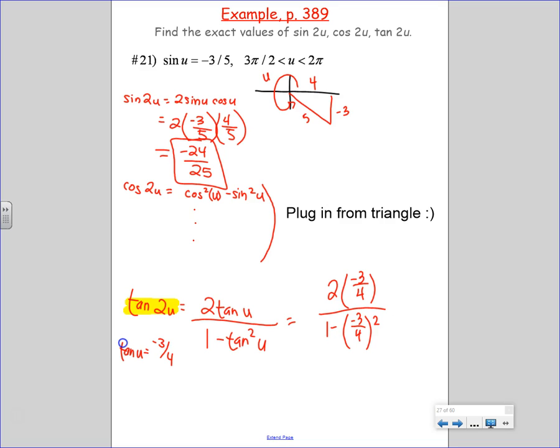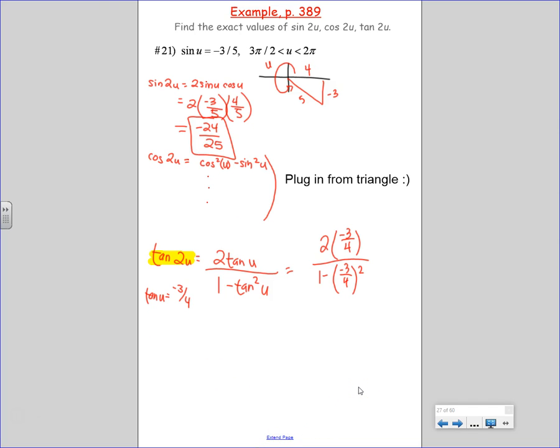You guys reduced the 2 and the 4, right? Negative 3/2. That's very simple. And you squared the negative 3/4 to be 9/16, right? Anybody use my cool trick to simplify? And say, hey, what would be the common denominator between 2 and 16?